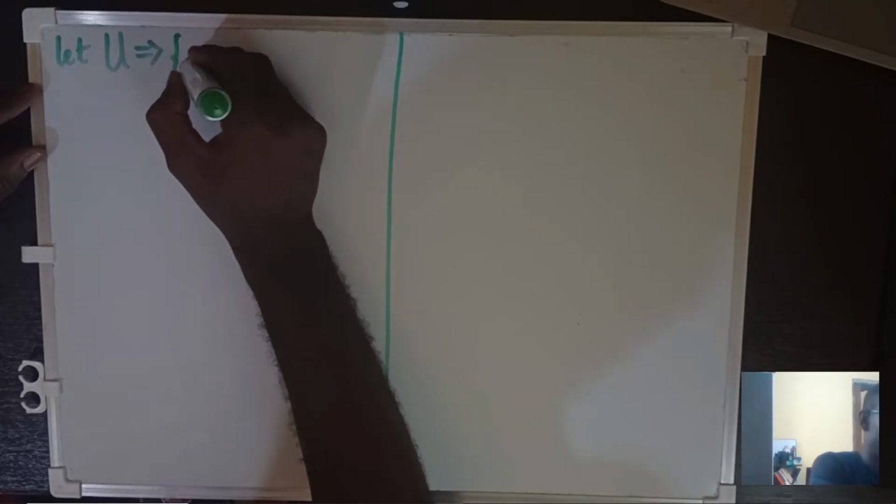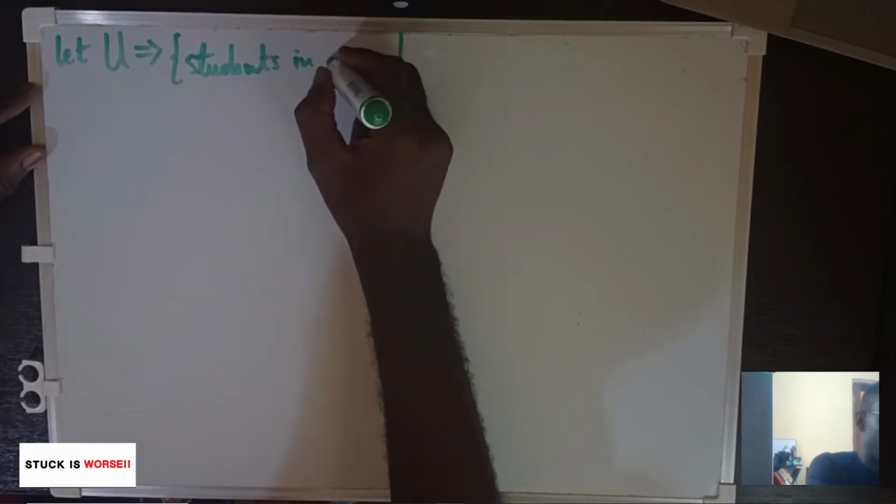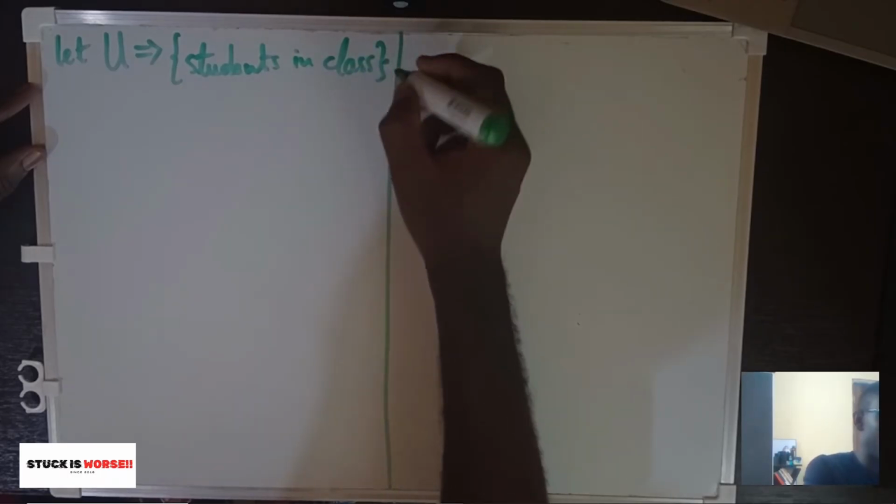The first thing we do is let U represent the universal set, that is the total number of students in the class.